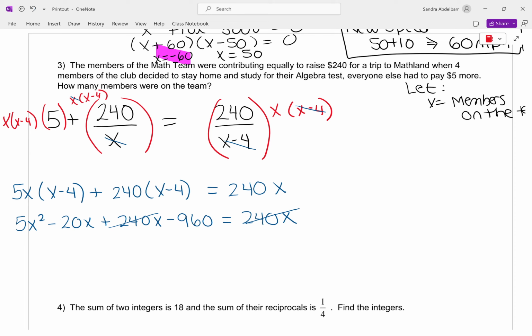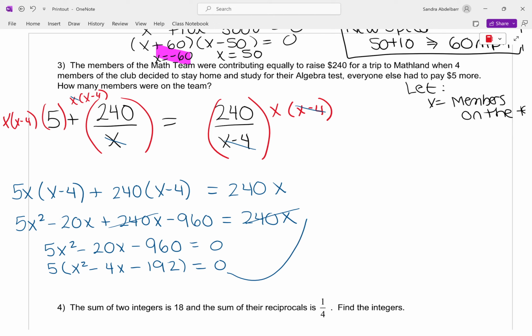What happens with the 240x's? They cancel. So now we have 5x squared minus 20x minus 960. What do you think I'm going to tell you to do? Pull out a GCF of 5. So now we have x squared minus 4x minus 192.